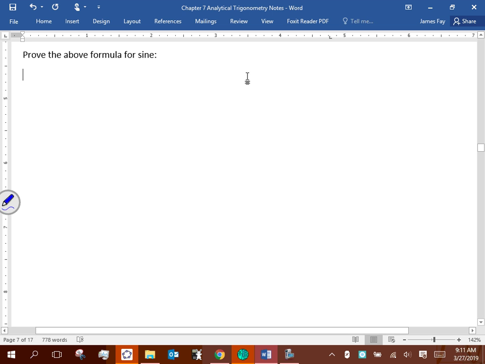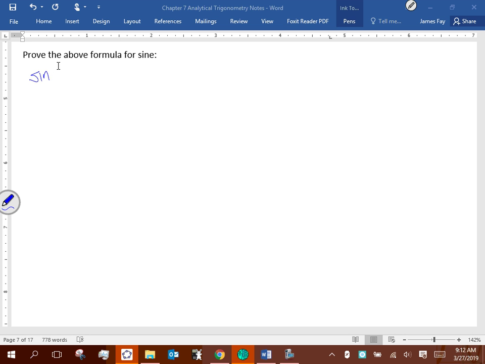So here's the idea. We know that the sine of 2x is the same thing as the sine of x plus x. Would you guys agree with that? And if I know the sine of x plus x, that is a sum formula for sine, right? The sum formula for sine looks like this: sine of the first angle, cosine second angle, same sign, and then cosine first angle, sine second angle.